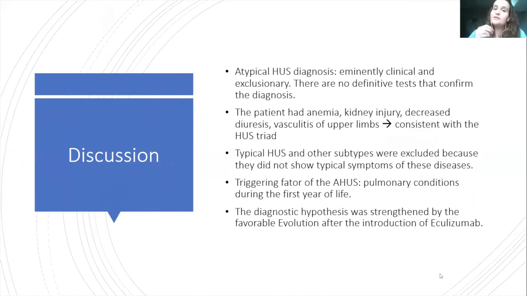However, the typical one and other subtypes were excluded because he did not show typical symptoms like vomiting, diarrhea, or signs of infection. A triggering factor for the atypical one could be his pulmonary condition during the first year of his life. And this diagnostic hypothesis was strengthened by the favorable evolution of the patient after the introduction of Eculizumab.